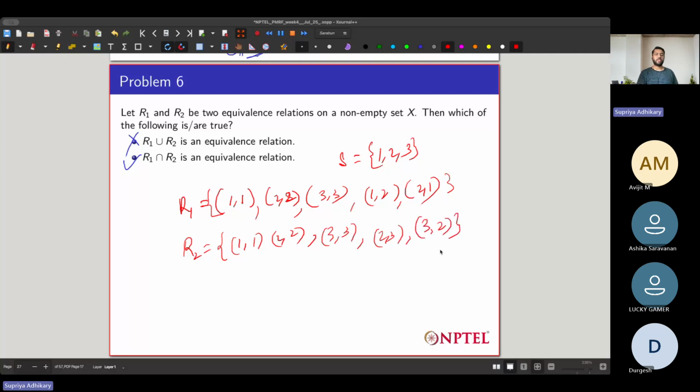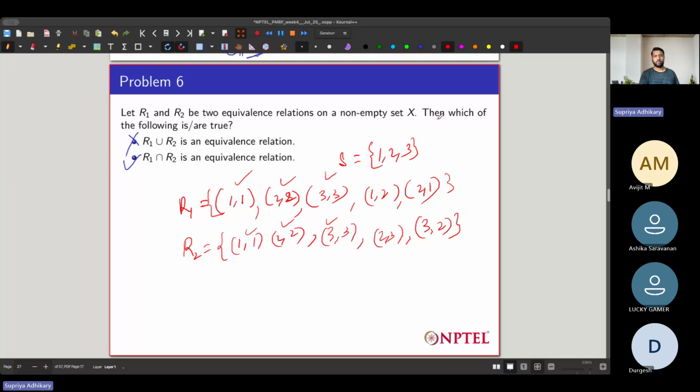Now, both of these relations are equivalence relations. Why? Because this is reflexive, since (1,1), (2,2), (3,3) belong to R1, so this is definitely reflexive. What about symmetric? For symmetry, if A and B are not equal and the pair (A,B) is in the relation R, then the pair (B,A) should also be in R. As you can see, (1,2) is in R, so (2,1) should also be in R. And (1,2) and (2,1) both belong to R1, so definitely this is symmetric.